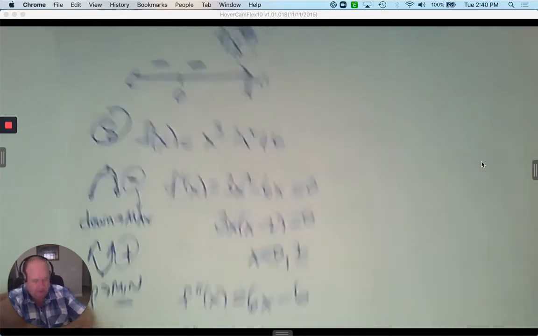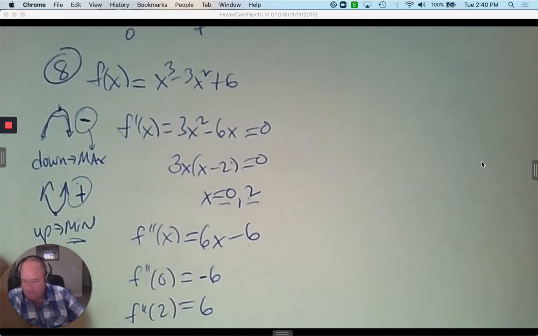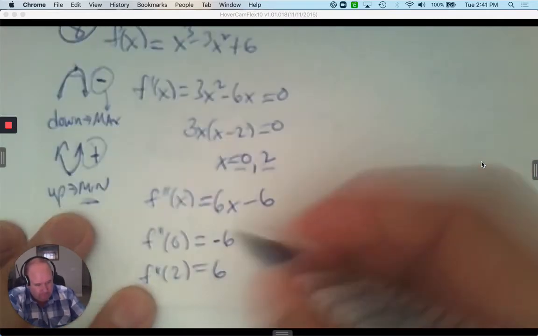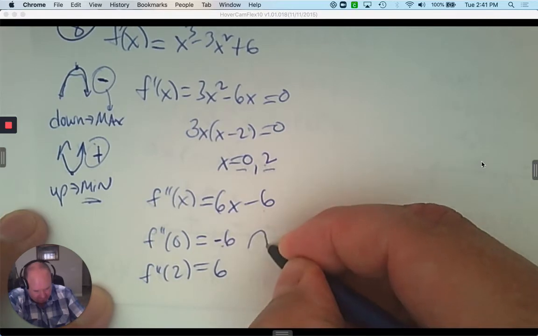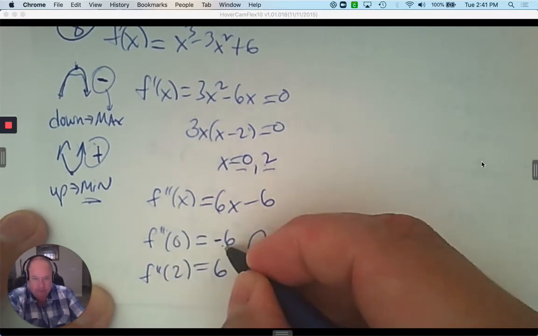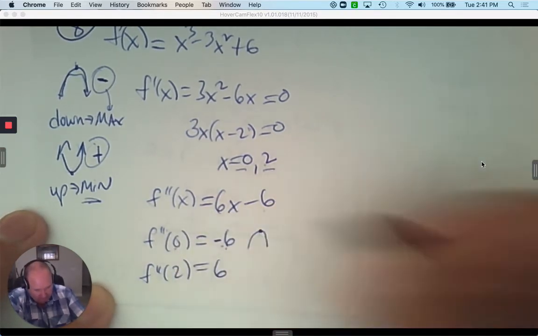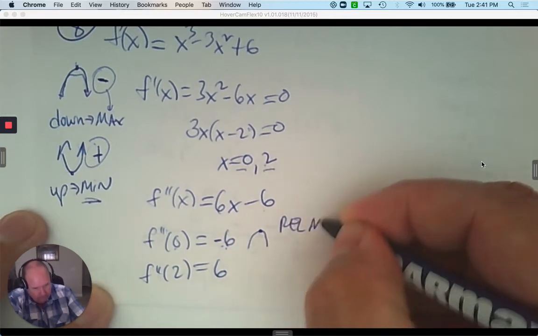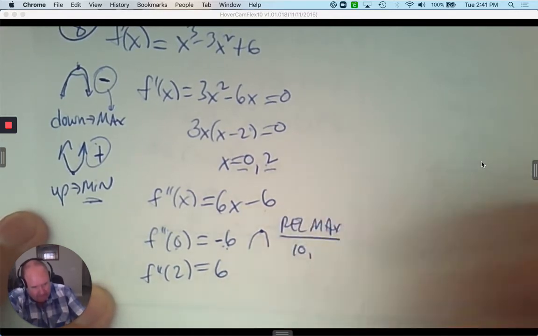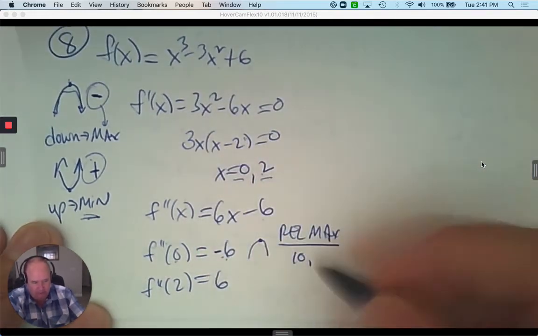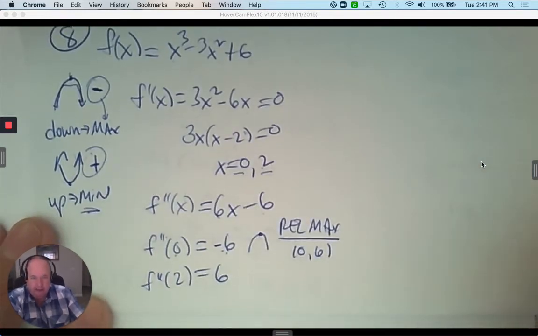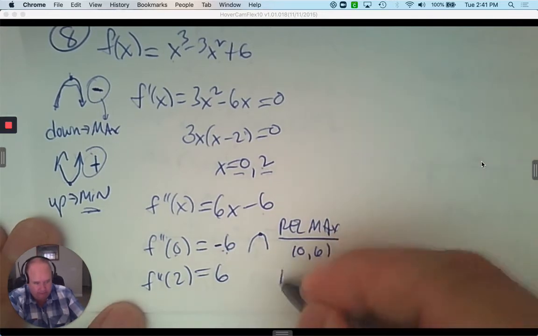So what does that tell me? At 0, it's concave down, because the second derivative is negative. So at 0 is a maximum. So we have a relative max at 0, and if I want to find the y-coordinate, go back to the function, plug in 0. So at 0, 6 is a maximum using the second derivative test.